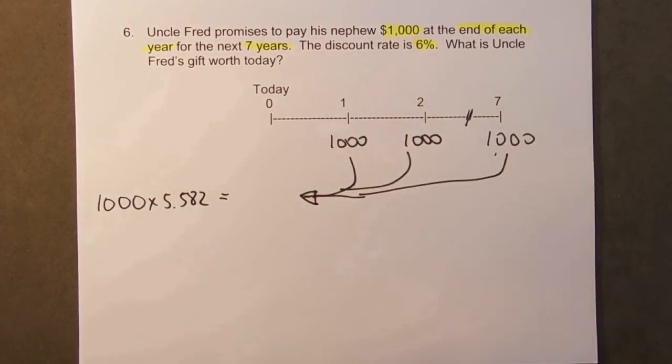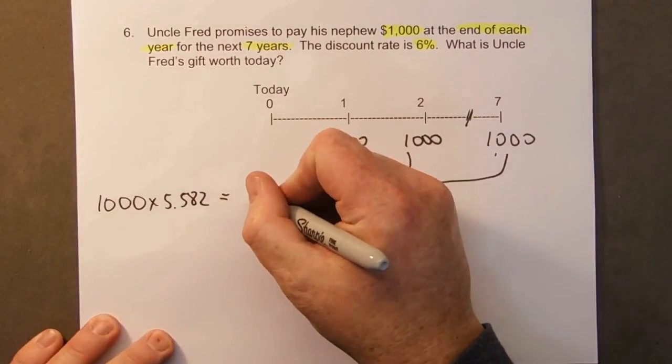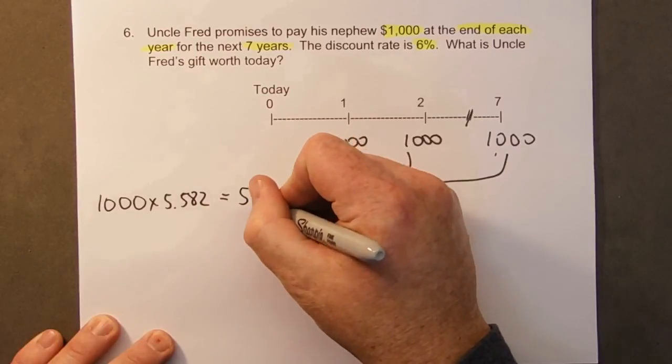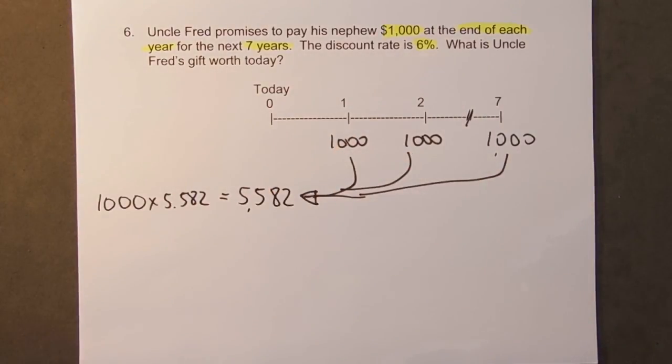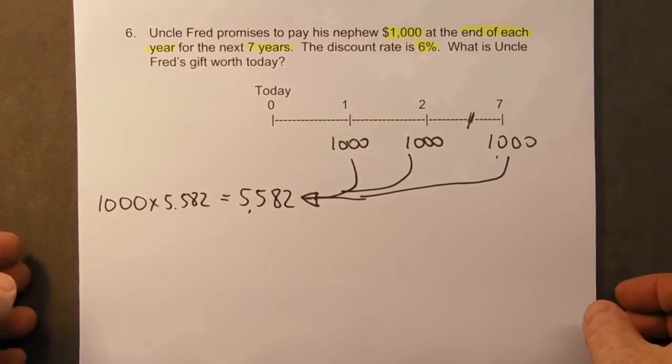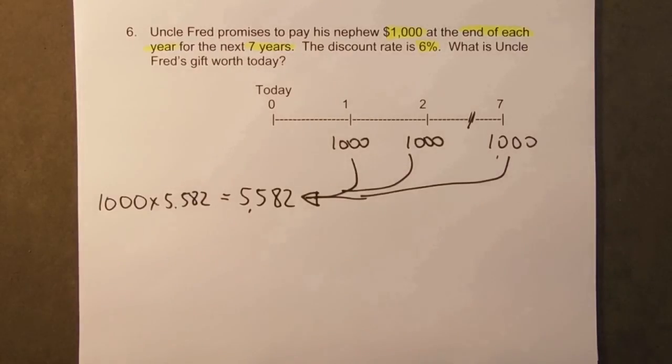So this is what Fred's gift is worth. $5,582. And again, we could do 7 calculations on the single payment table, and we should come up with that same number.